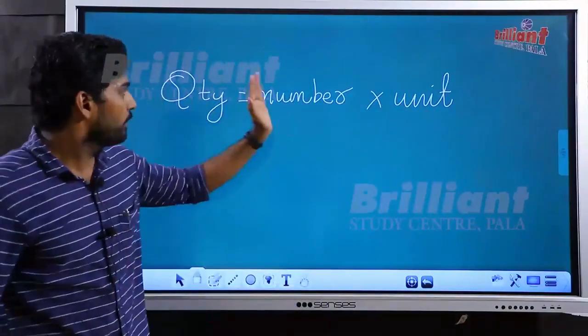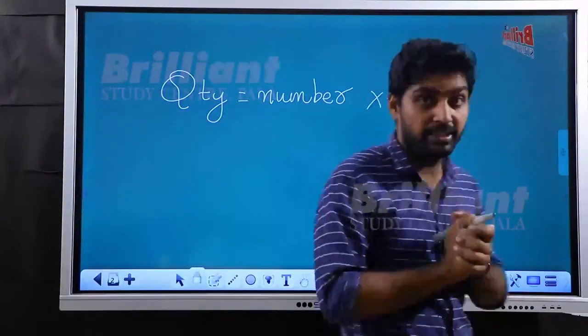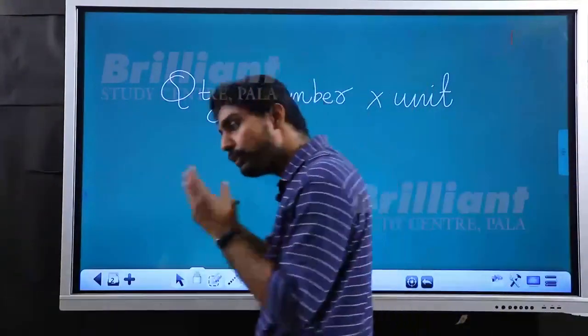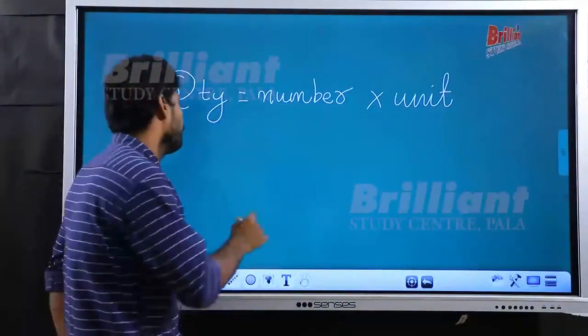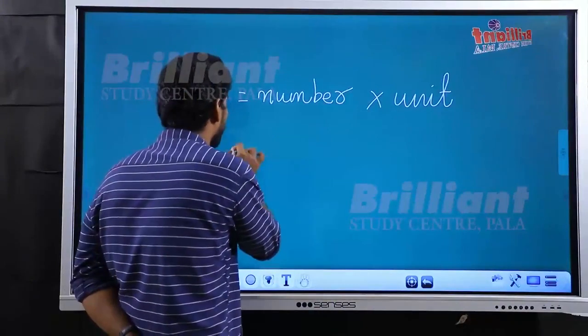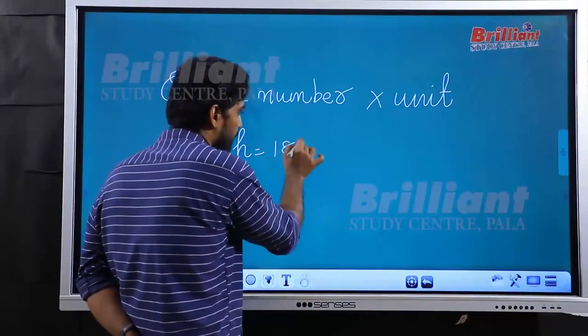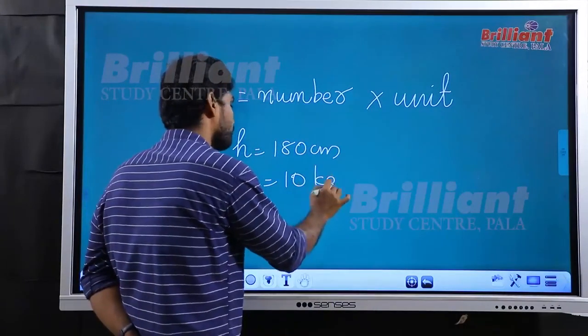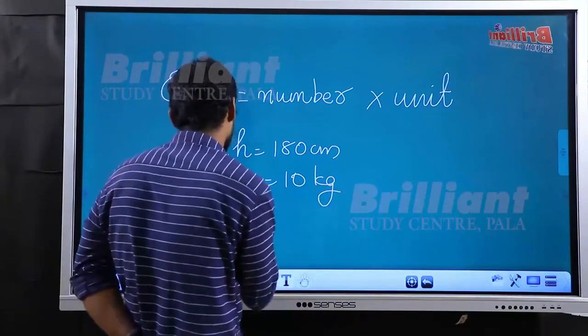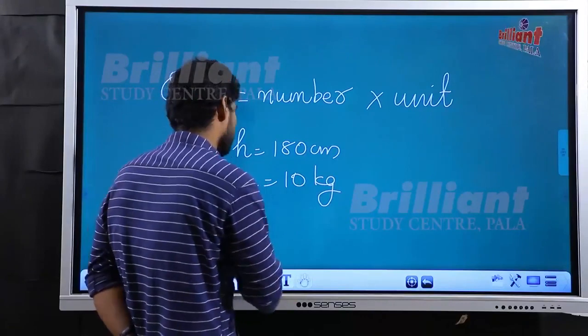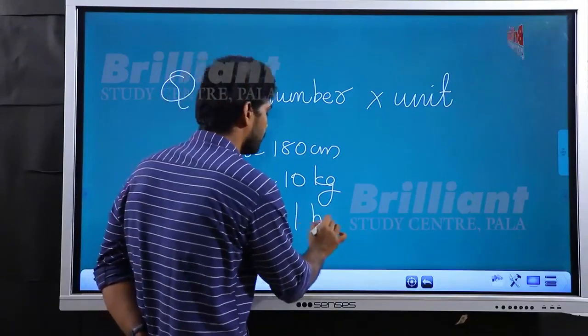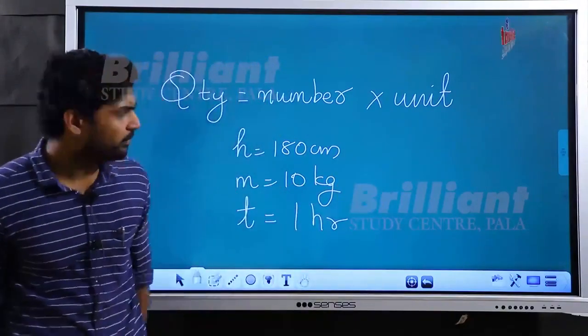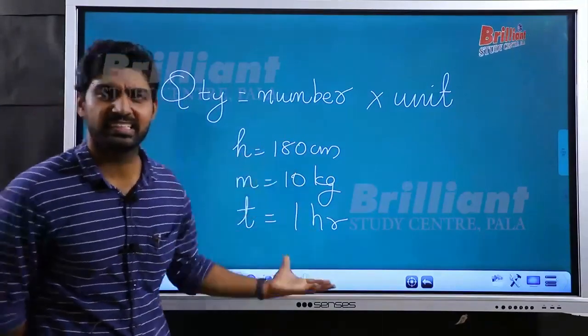For example, we'll say that the length or height is 180 centimeter, mass is 10 kilogram, the duration of this class, the time, is 1 hour. We represent physical quantities like this.